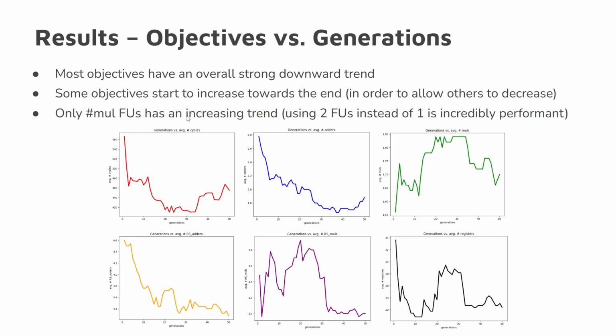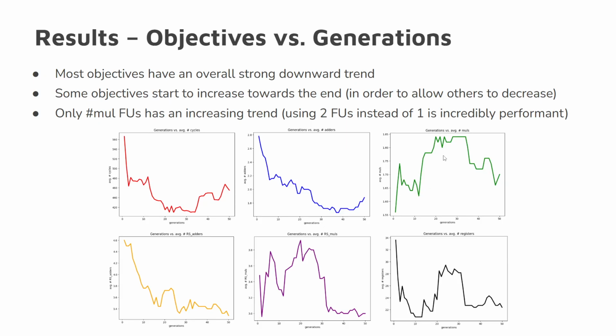The only objective that had a strong increasing trend was the number of multiplication functional units, and there were only 2 options for this, either 2 functional units or 1, and the evolution certainly favored using 2 functional units, because we'll see the difference in performance between 2 and 1 is incredibly large.